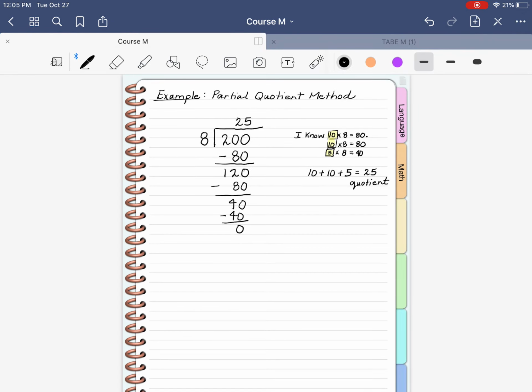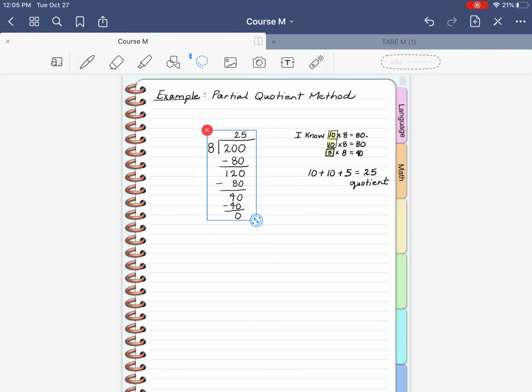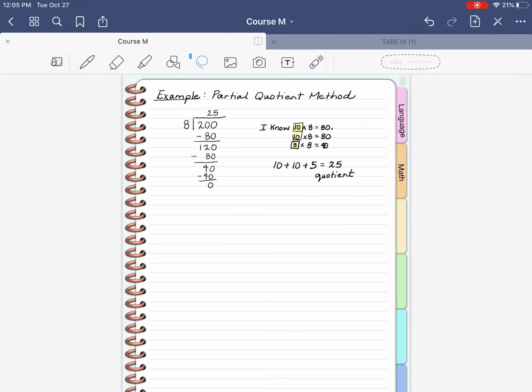Just because I don't like the method doesn't mean it's not a good method to use. So if you like this method, absolutely use it. And if your children are learning this, it may help you to explain to them if they have questions. But I'm going to go back to that standard algorithm that I've used my whole life.